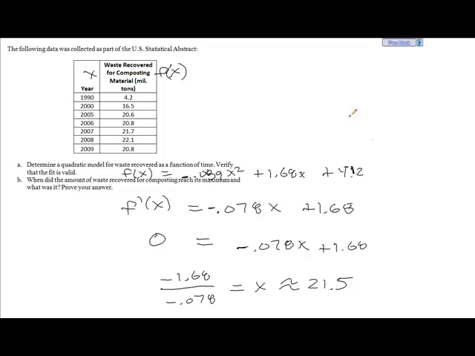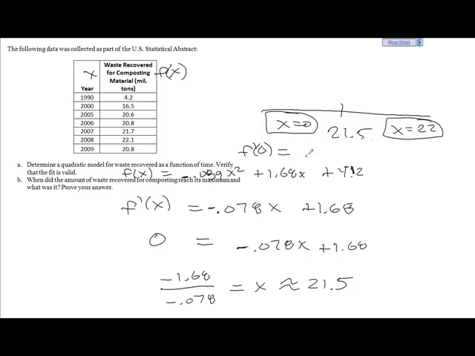So just to verify that this is in fact a maximum, we can't just assume that it is. So we will go ahead and do our first derivative test. So there's 21.5. And I'll pick x equals 0 over here, and maybe I'll pick x equals 22 over here. I need to plug these into the derivative function to determine whether it's increasing or decreasing. And I see that f prime of 0 is going to be a positive 1.68. I can just look at the derivative function and see if I plug in 0, I get a positive number out.